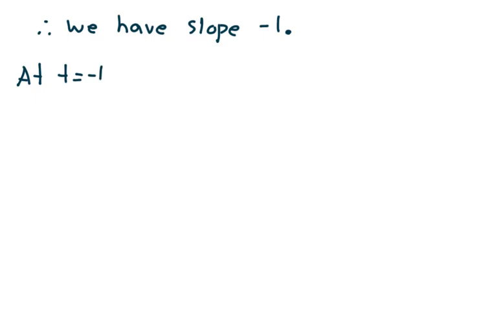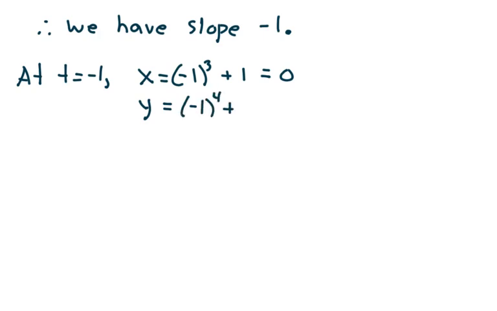So therefore, we have slope negative 1. Now, at t equal negative 1, x is negative 1 to the third plus 1, which is 0, and y is negative 1 to the fourth plus negative 1, which is also 0.